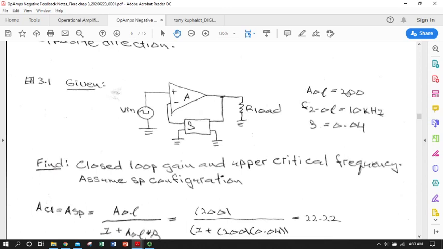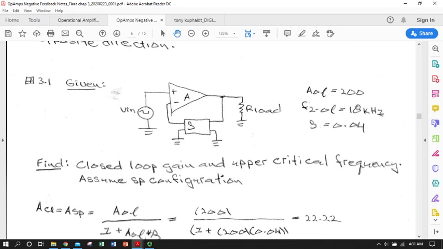So say this thing has an abysmal open loop gain for an op amp of only 200. I mean, that's like what we'd see for a regular just BJT, but oh well, it's what we have. And suppose that we have our upper critical frequency, the upper end of the midband range, at 10 kilohertz or 10,000 hertz.